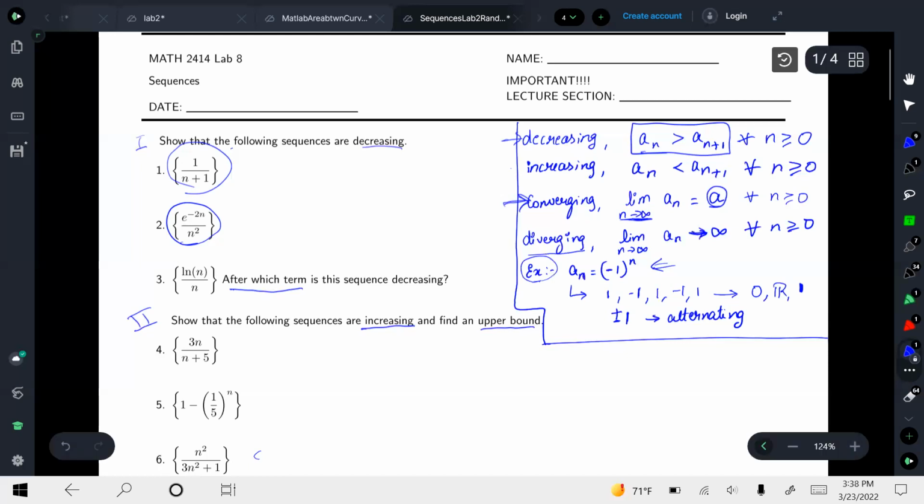Now if you consider this particular sequence, minus 1 to the power of n, if you start from n equal to 0, for n equal to 0 you get 1. Why? Because anything to the power of 0 is 1, right? Now for n equal to 1, you just plug in 1 here. Negative 1 to the power of 1 is negative 1.